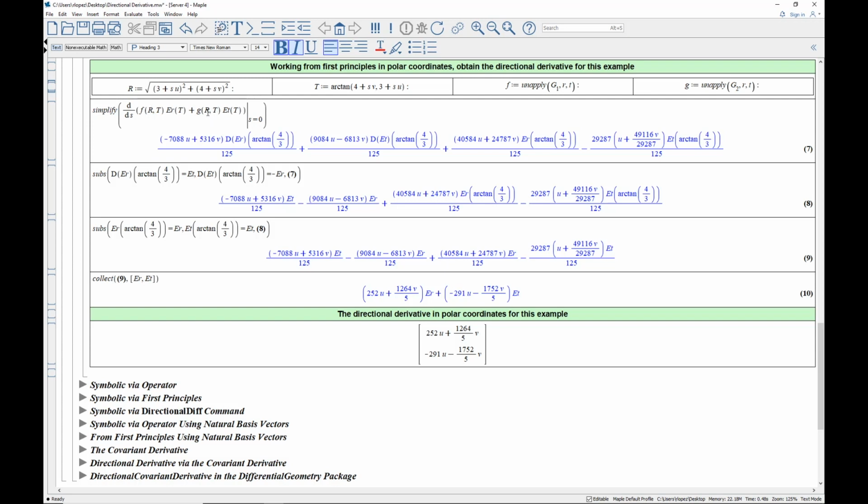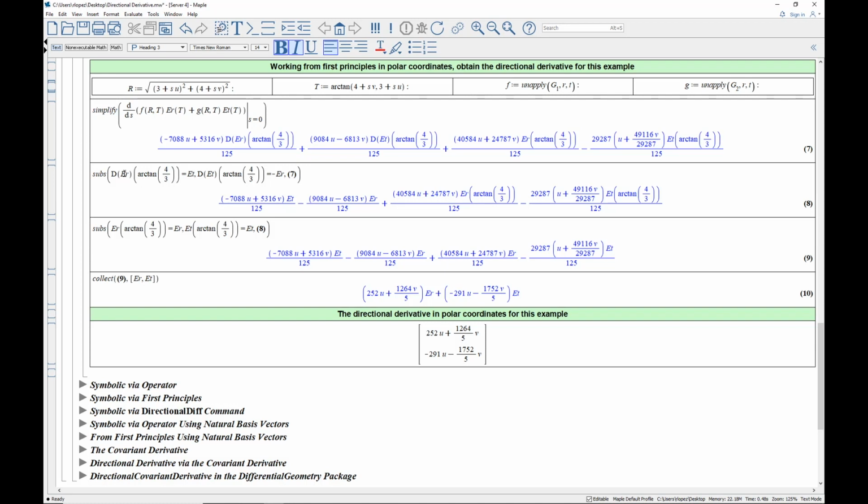So we take the derivative, set t equal to 0, and we have this stuff. And what do we see here? We have the derivative of the basis vector, and here's the basis vector. So what do we do there? The derivative of the basis vector evaluated at this arctangent, I just want to call by a simple name.